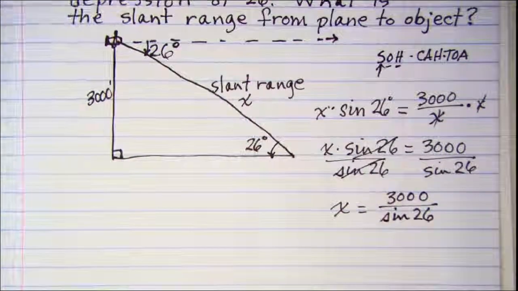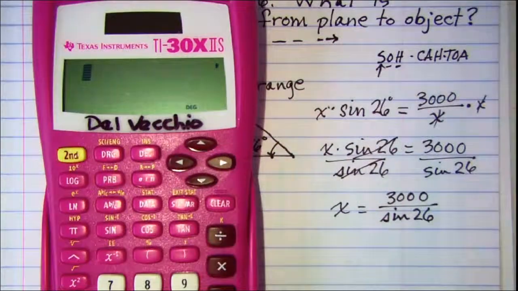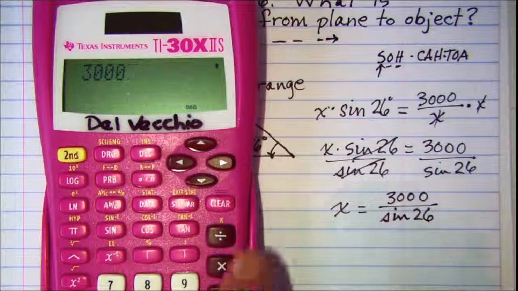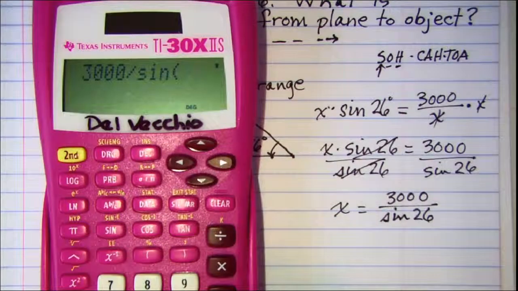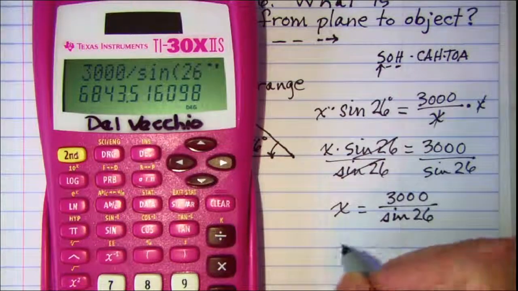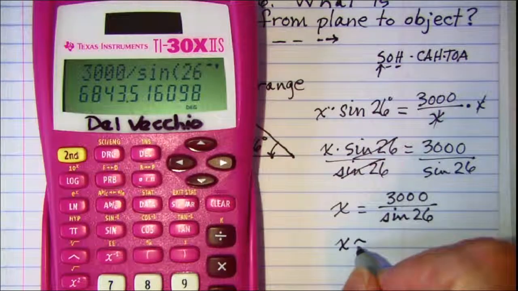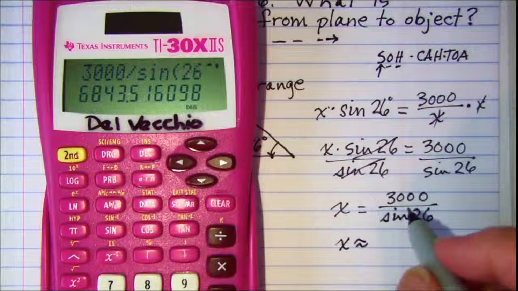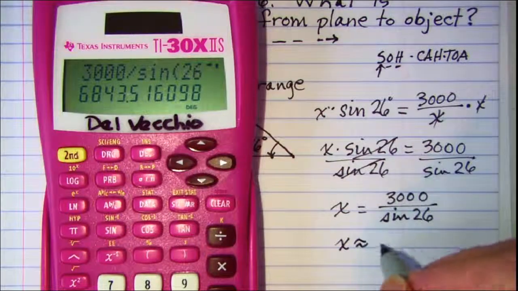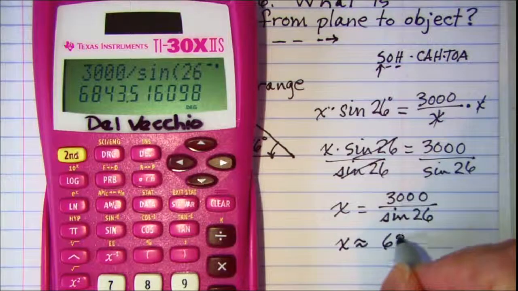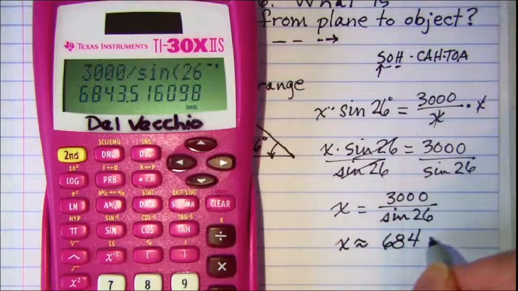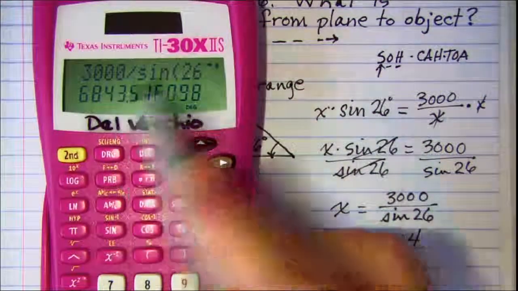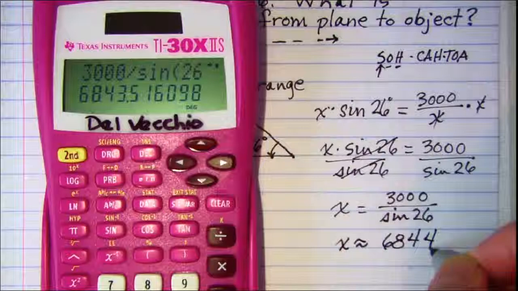Let's grab my calculator. So 3,000 divided by the sine of 26 gives me approximately 6843.44 feet.